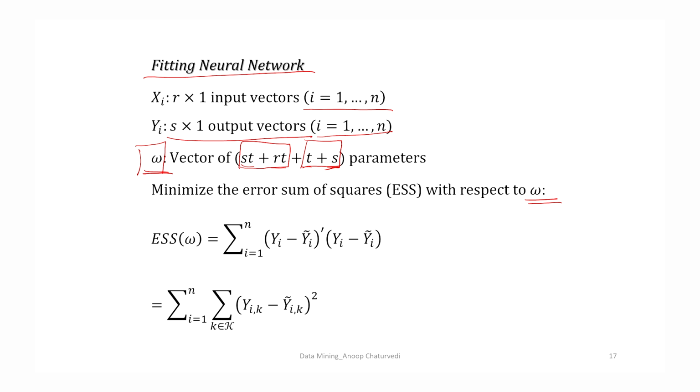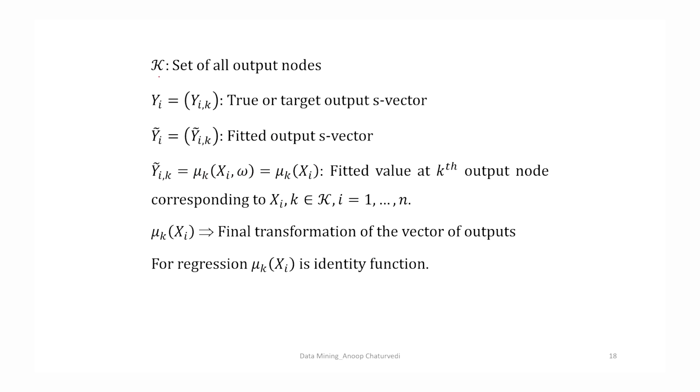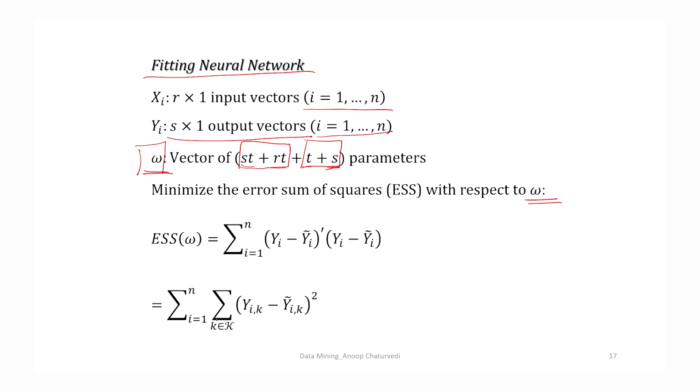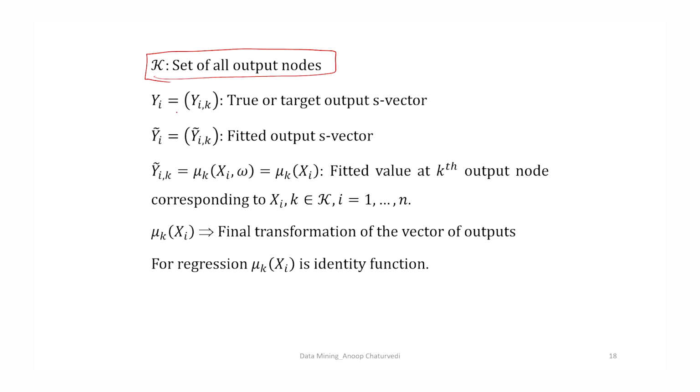Here capital K is the set of all output nodes, so we take the summation over the set of all output nodes. y_i, which is y_ik, is the true or target output vector, and y_i curl is the fitted output vector.